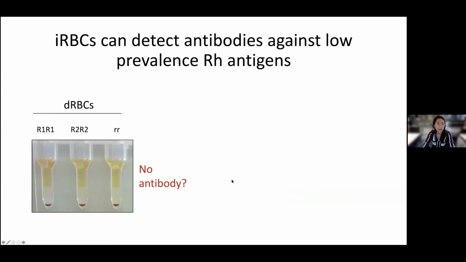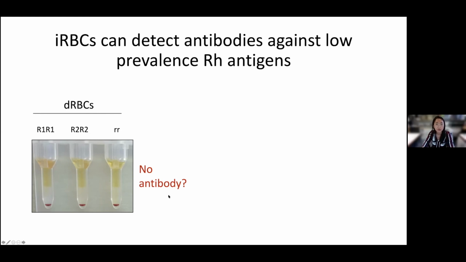And then here we also show that IRBCs can detect antibodies against low prevalence Rh antigens. So in this case, when you incubate this patient plasma with these three screening cells that have the same antigen phenotypes as the previous slide, you would think maybe there's no antibody in the patient plasma. But when you do the cross match, it comes out that one of the units is positive, which makes you think that maybe there's an antibody against a low prevalence Rh antigen.